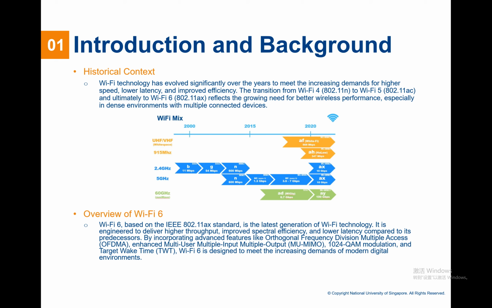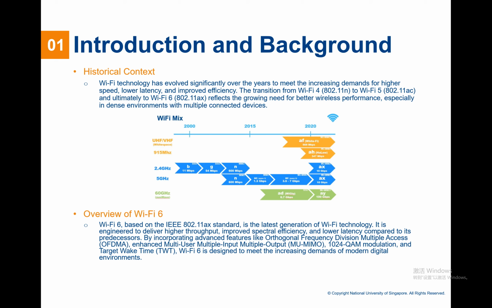For overview, Wi-Fi 6, based on the IEEE standard, is the latest generation of Wi-Fi technology. It is engineered to deliver higher throughput, improved spectral efficiency, and lower latency compared to its predecessors.